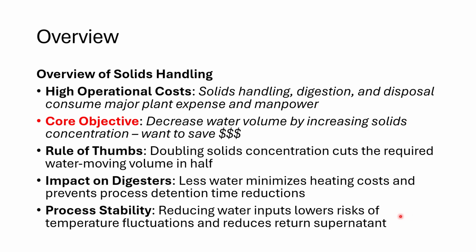By reducing that water input, we're going to reduce those temperature fluctuations, and we're going to reduce what's called return supernatant. What that means is the liquid part of that waste stream, we're not going to have to recycle it as much. It's not going to have to come through 2 or 3 times. It'll come through once, okay?